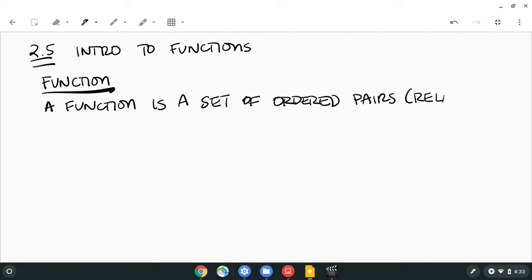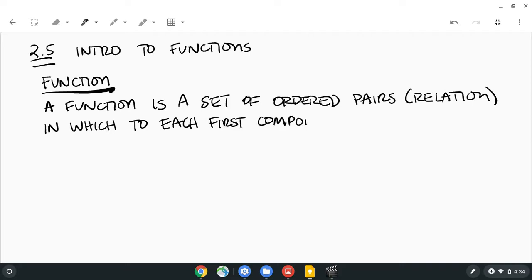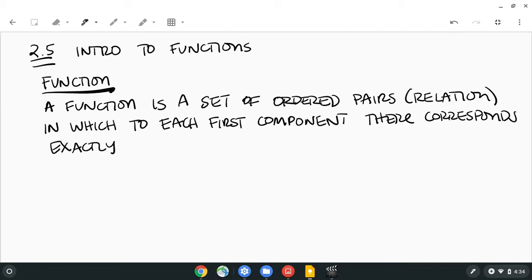Also known as a relation, in which to each first component there corresponds exactly one second component.